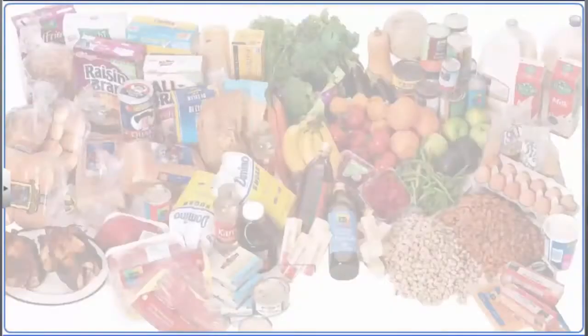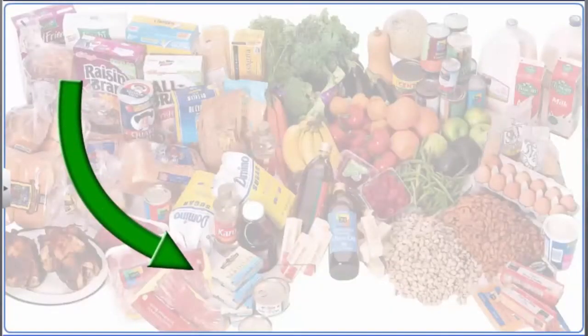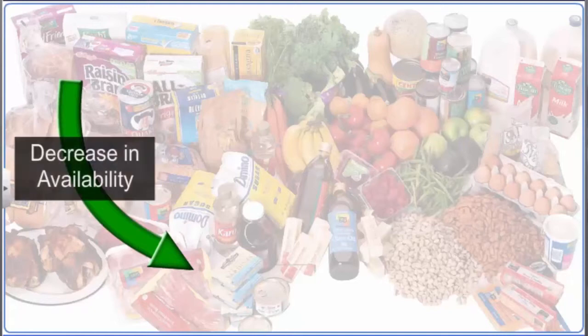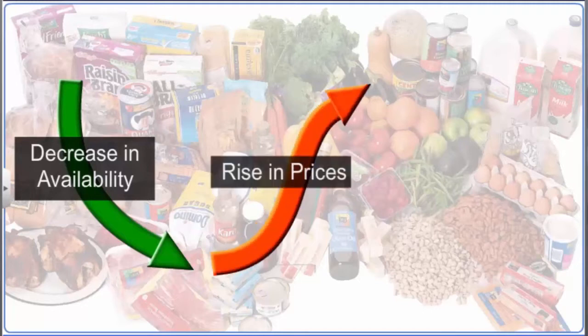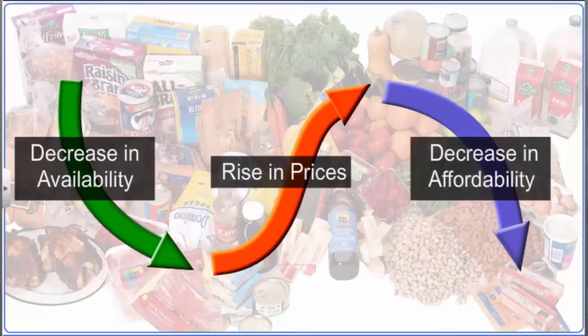Destruction and a decrease in the production of food cause a decrease in the availability of food. A decrease in the availability of food causes food prices to rise. The rise in food prices decreases the affordability, and more people are unable to buy food.